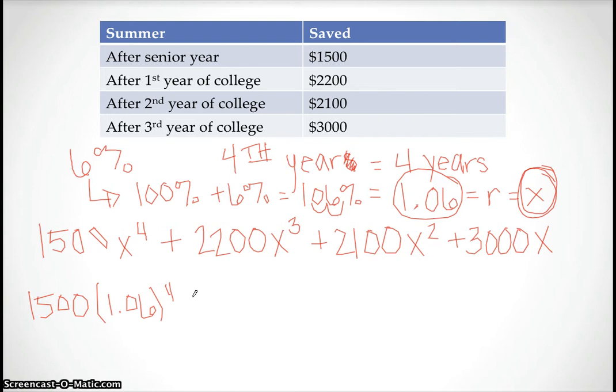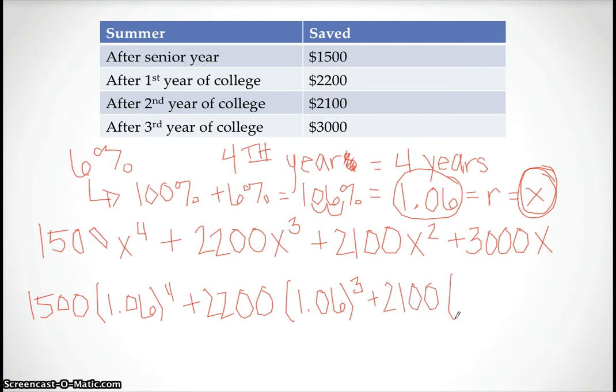So that's our first term here, plus 2,200 times 1.06 to the 3rd power, plus 2,100 times 1.06 to the 2nd power, and then plus 3,000 times 1.06.